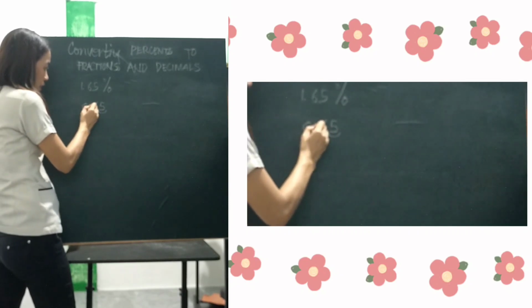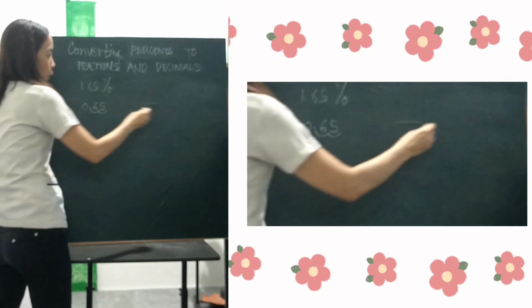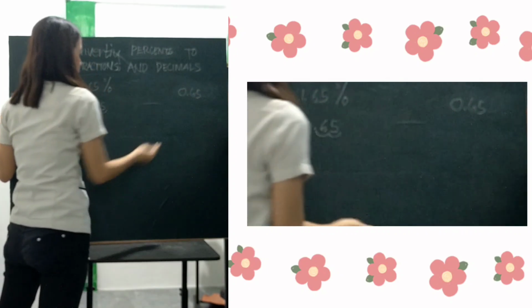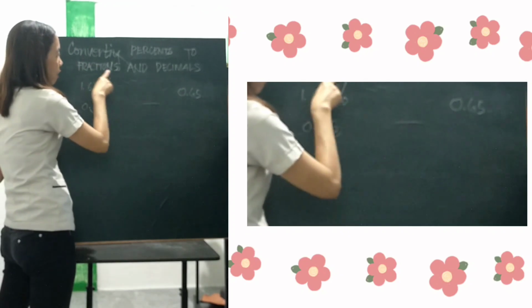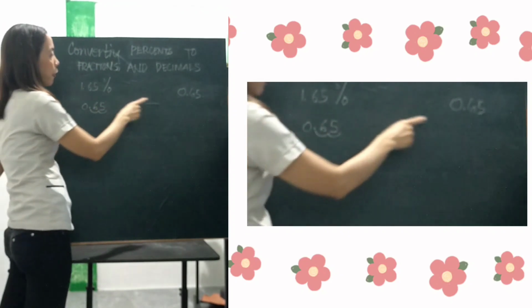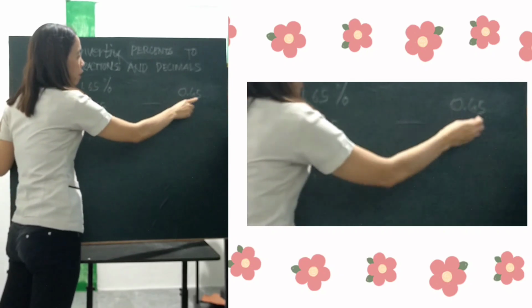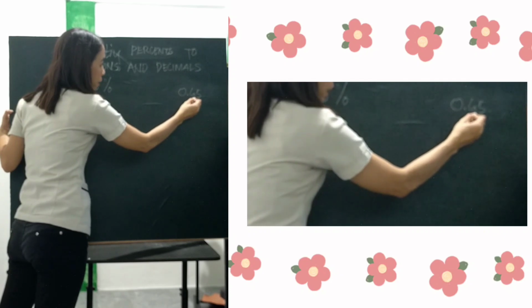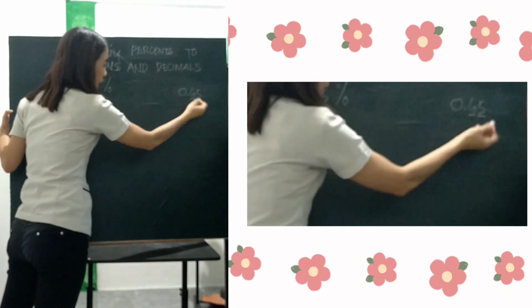So that is 0.65. Another one. So let's try to convert this into fraction. So 65%, we have two decimal places. So we have tens and hundreds.